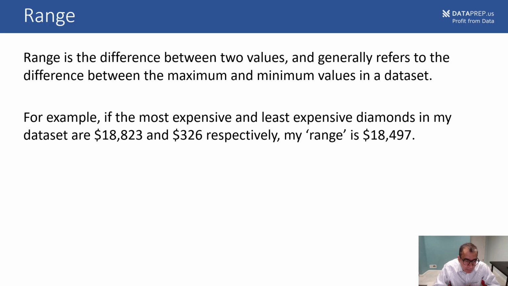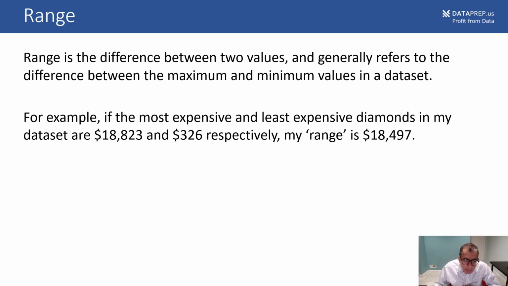So if I have a data set, for example, that lists prices for a set of diamonds, and the most expensive diamond in my data set costs $18,000 and the least expensive is 300 odd dollars, then my range is something like 18,497, and that would be just the difference between the maximum and the minimum.